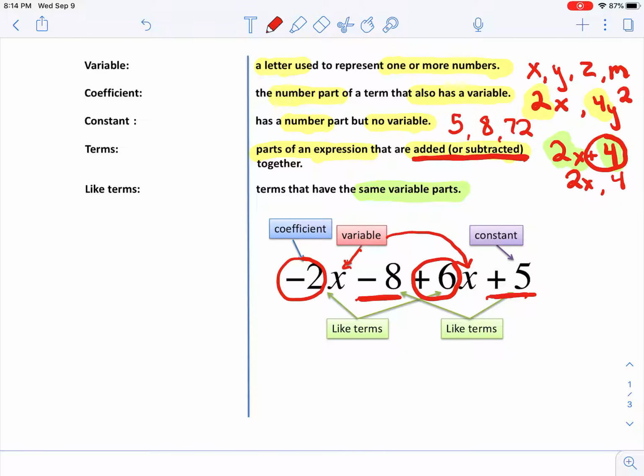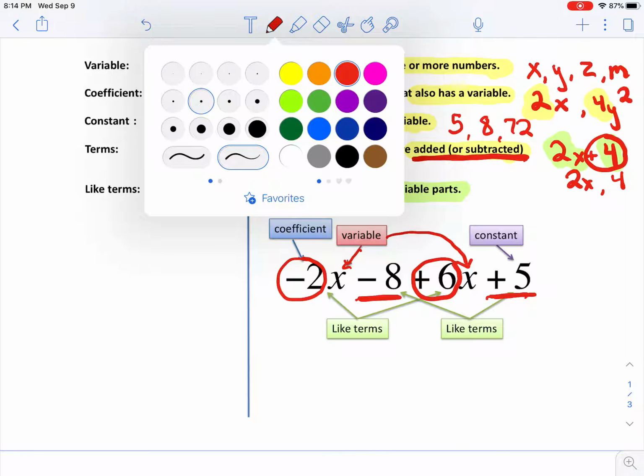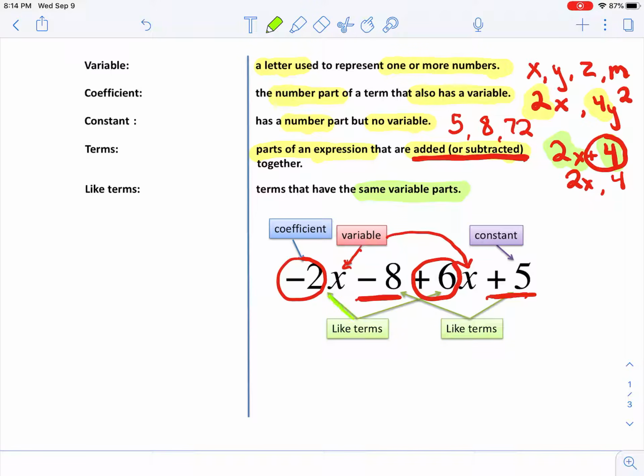So then we can see, and I know I've marked this up a little bit, the like terms are the ones that have the x's. We see them here. That's a like term, so is this. And then also the 5 and the negative 8 are also like terms because they have the same variables. In this case, they're both constants.